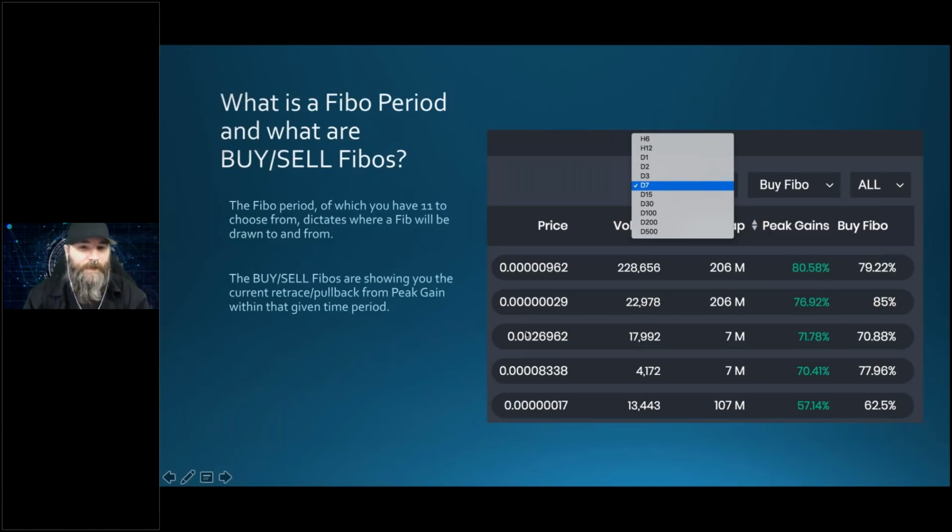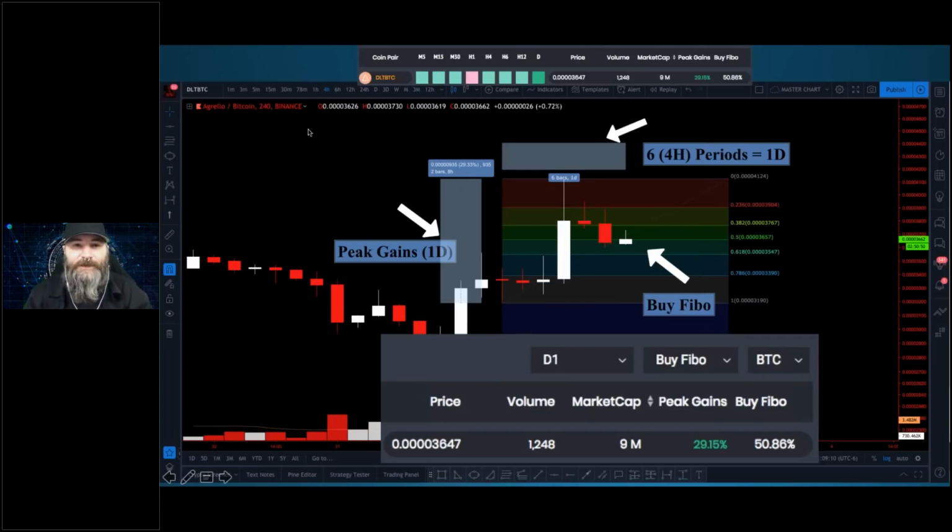All right. Quick example of that, you can look over here. The pair is DLT BTC. We're looking at a peak gain of 29%. We're looking at a buy Fibo around 50. This is under the daily, D1, right here. So what I did was I put up a 4-hour chart, and I took a look at approximately 6 candles back.